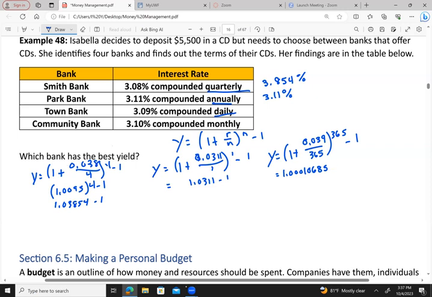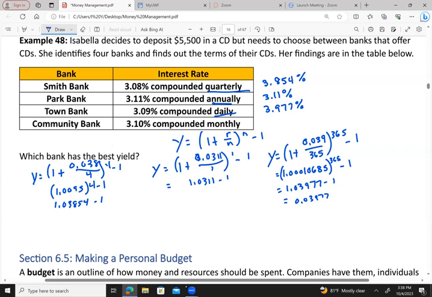Oops, no, that's not right, because then I need to take that to the 365th power. This gives me 1.03977 minus 1, which is 0.03977. So 3.977%. Well, now it's Town Bank's in the lead.